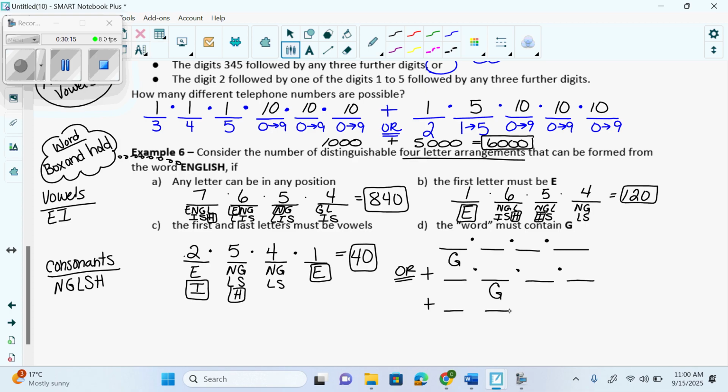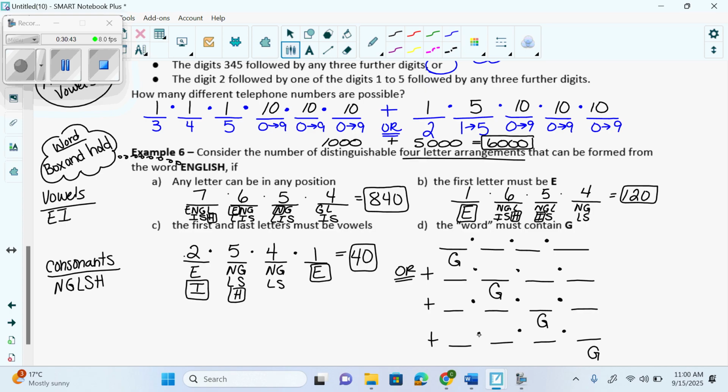Or I could have G be in the third blank, would still make a different word. Or I could have G be in the last blank, would still make a different word. Do we agree? First, second, third, fourth makes different words. So, let's go through. We have to deal with our restriction first.